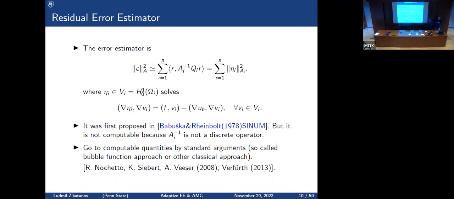One needs to add oscillations to the estimator to get a bound below or above. The reason is this. If you can compute A_i inverse, this is a very good estimator. But A_i inverse is compact, which means its eigenvalues go to 0. So that means you can never bound this below. Okay, you cannot bound it below.